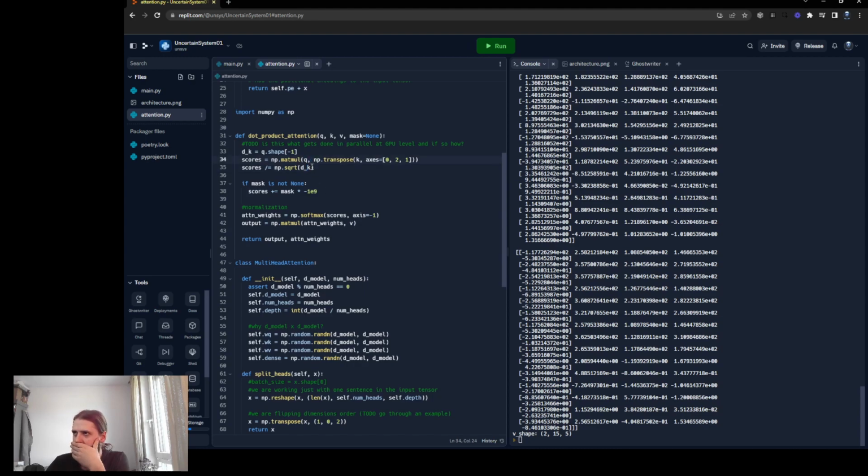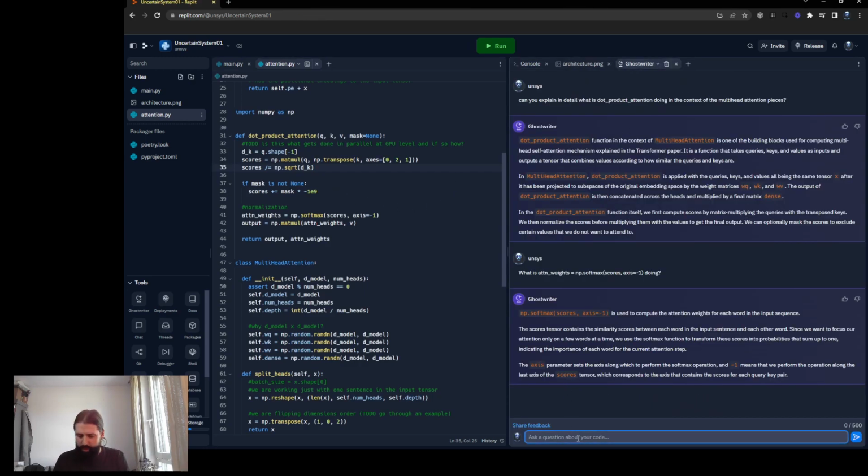So yes, we're comparing words with themselves, but looking at different aspects of them, I guess. That's what does not fully click yet for me. It's why are we comparing different projections, right?